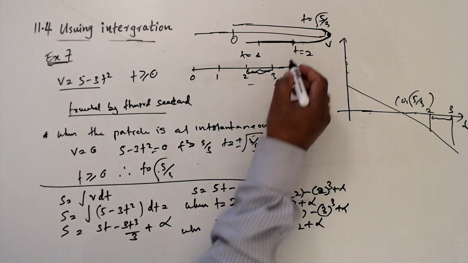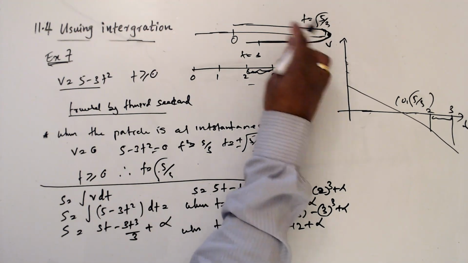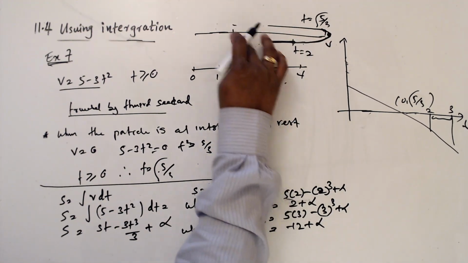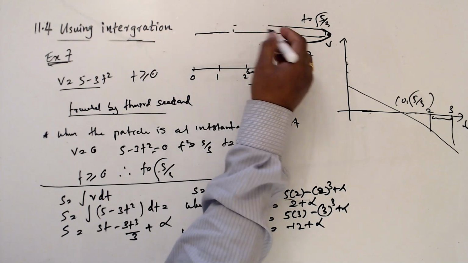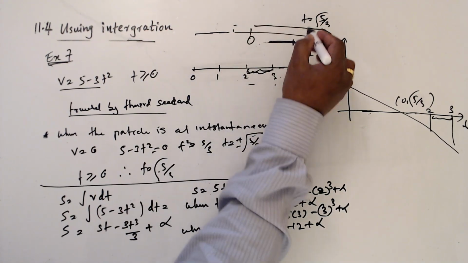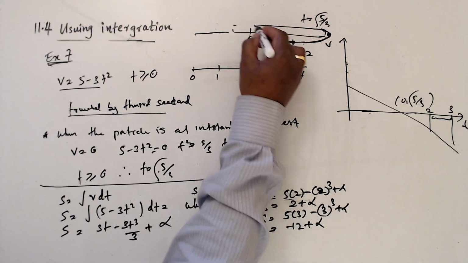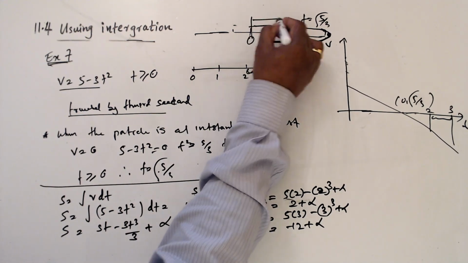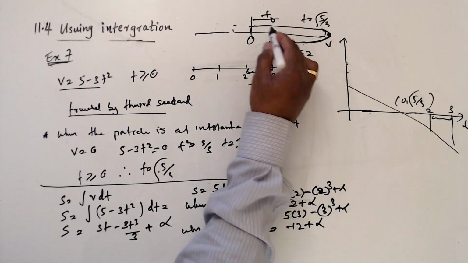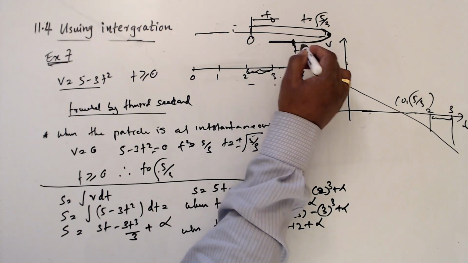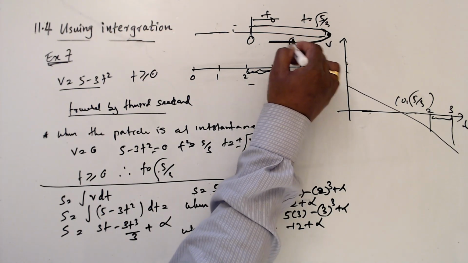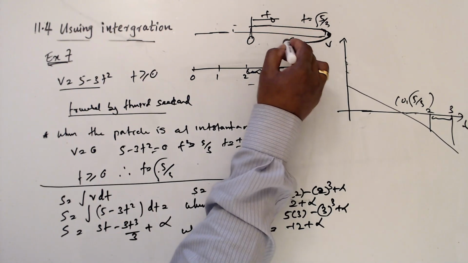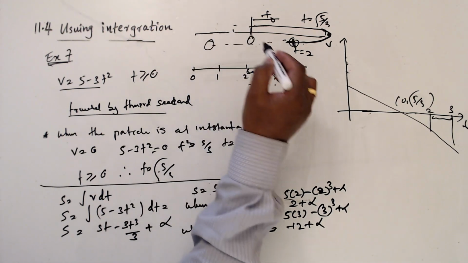It means when t equals 2, I will adjust this one, O. Assume that displacement is measured from here as positive. When t equals 2 the particle is here, and when t equals 3 the particle is here.